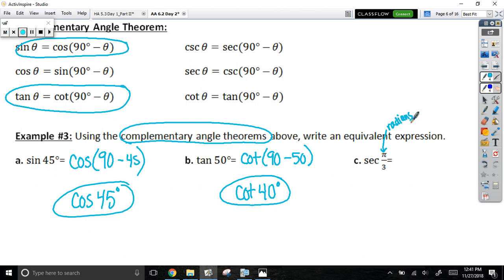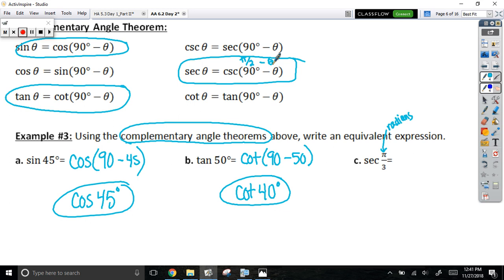So if you're going to leave it in radians, you'll use the secant formula, but instead of doing 90 minus, we would change this to be pi over 2 minus theta. So I'm going to show it this way first, and then I'll show if we convert to degrees second. You guys can pick whichever method you like better.